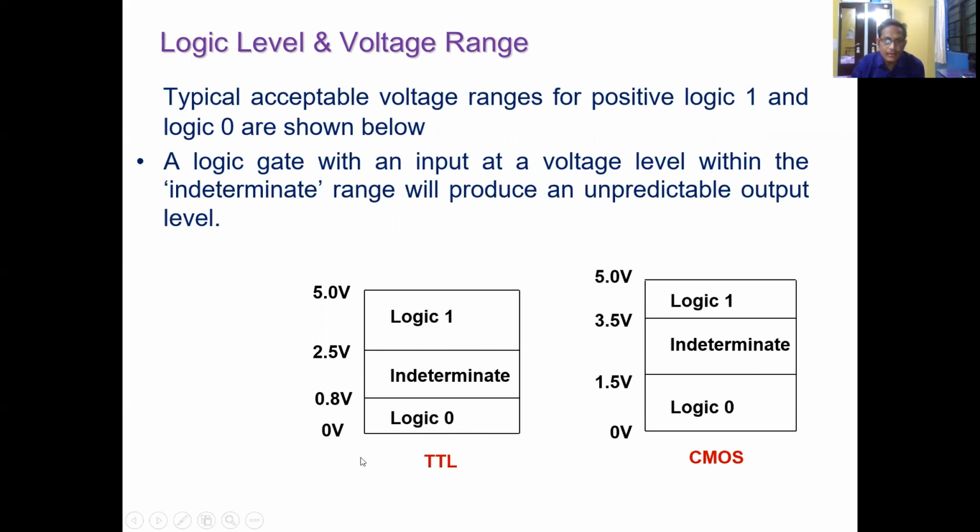If I compare TTL and CMOS, your logic 0 is 0 to 0.8 here, 0 to 1.5 there, while your logic 1 value starts from 2.5 to 5. In this case it varies from 3.5 to 5, because this is CMOS. I'm talking with respect to standard CMOS, and this range is nothing but the indeterminate or unacceptable voltage level of the particular TTL and CMOS.